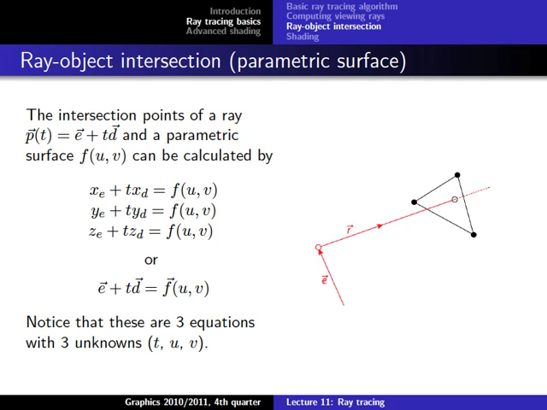Good. Another thing that we already talked about is the intersection of a triangle with a ray, but this is now a little bit new stuff that I haven't talked about earlier. Earlier we talked mostly about how we check if an intersection point of a plane defined by a triangle is really inside of the triangle or not with the barycentric coordinates, but I didn't really talk much about how to calculate the intersection.